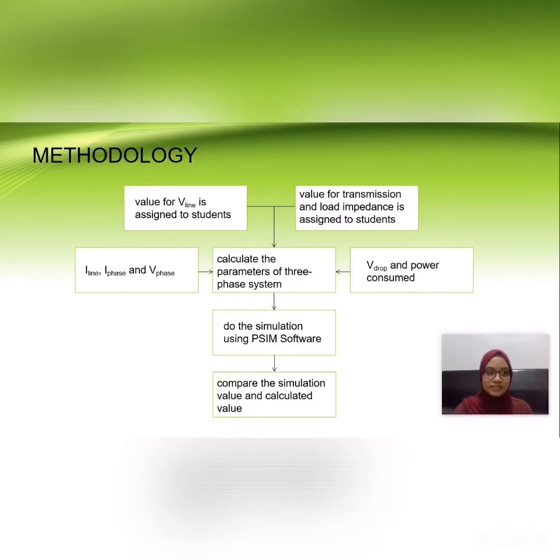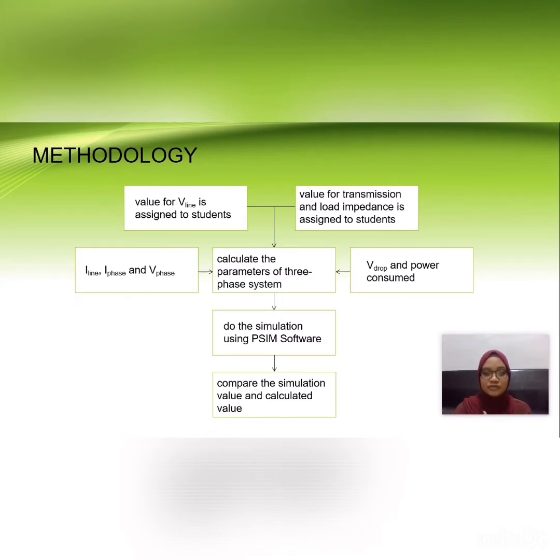Next, we look into the methodology. Firstly, the value for V line and the transmission and load impedance is assigned to students, based on our metric number. The power factor value and the limit for voltage drop are given from the book. Next, we have to calculate the parameters of the three-phase system, which are I line, I phase, and V phase, and also the percentage of V drop and the power consumed by the load.